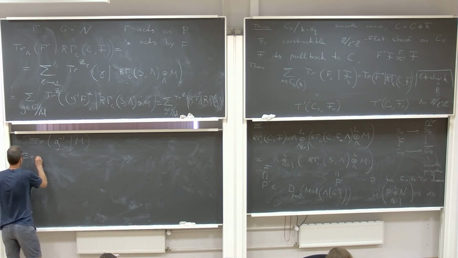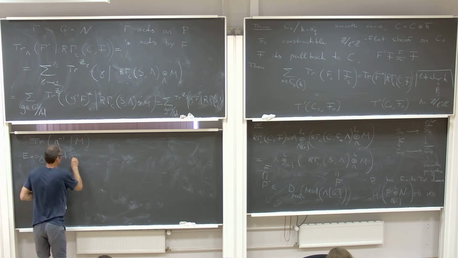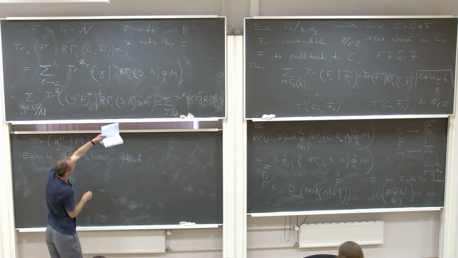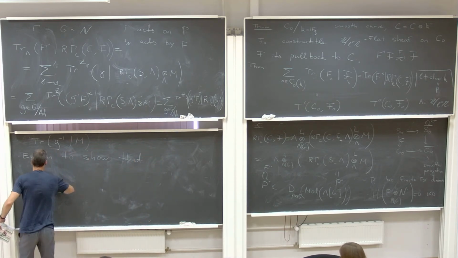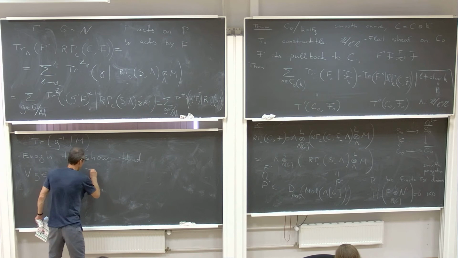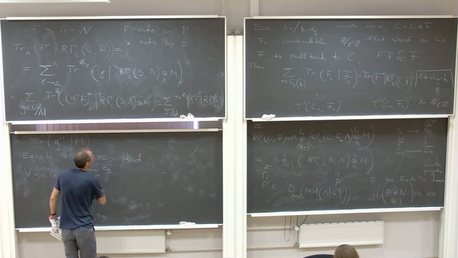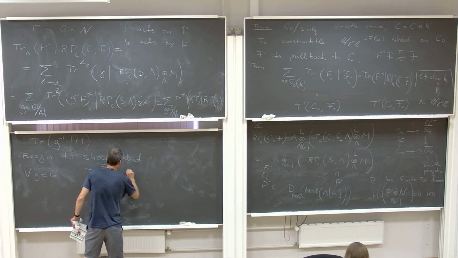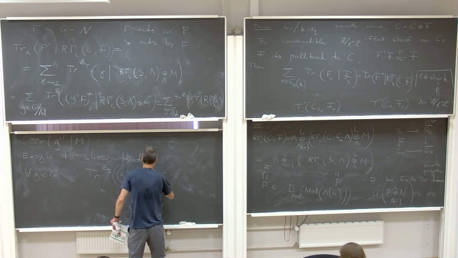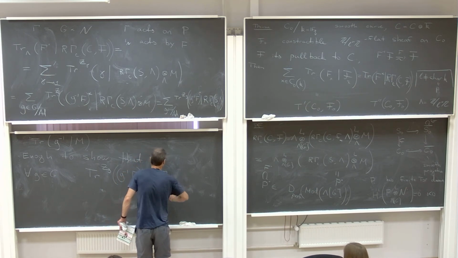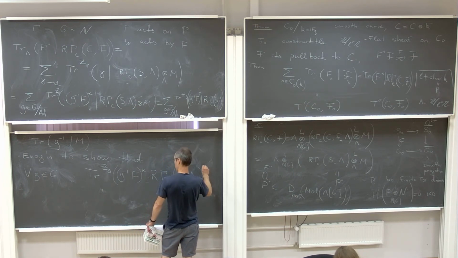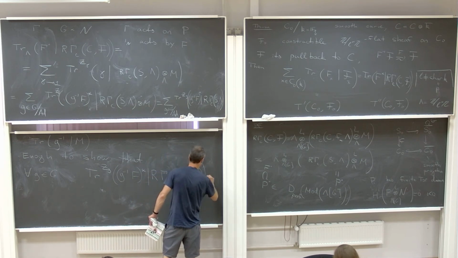So it's enough to show that for any G in G, the trace of G inverse F acting on homology with compact support of S lambda is 0.